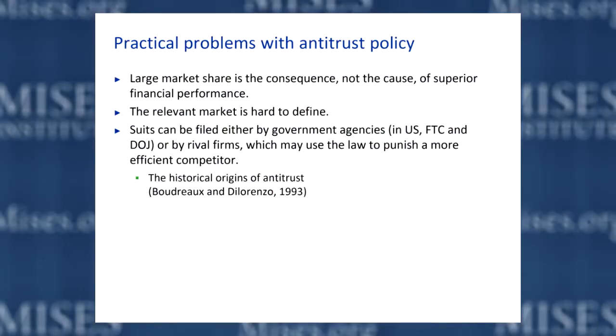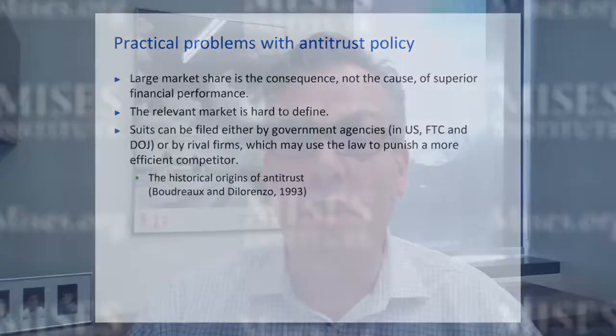The article by Boudreau and DiLorenzo does a great job looking at the actual legislative history of antitrust in the U.S. And they show that, contrary to what high school and college students are told, U.S. antitrust law was not created to prevent horrible monopolists like John D. Rockefeller and Andrew Carnegie from exploiting the consumer and driving other firms out of the market.